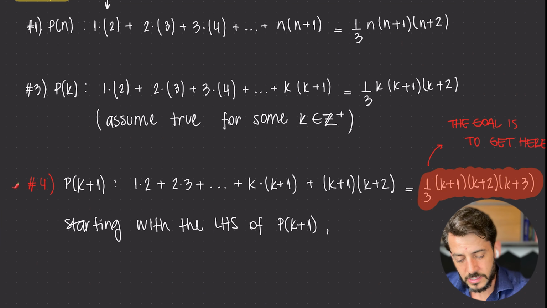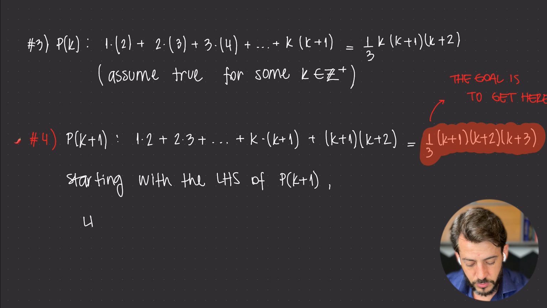I just organized everything so we can go through that process together. So we're going to start with the left-hand side of P(k+1). Therefore, the left-hand side is equal to this.